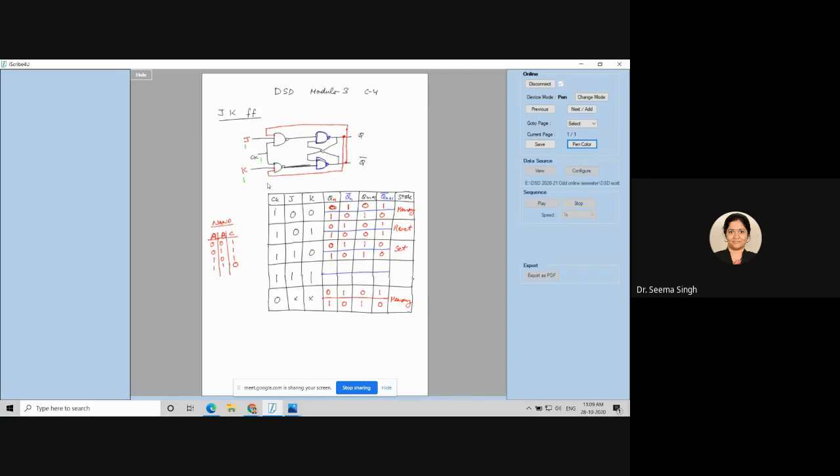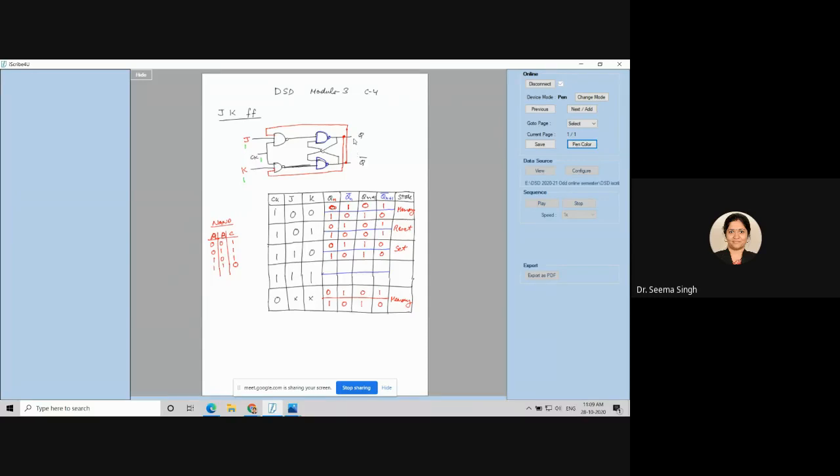Now when J and K both are 1 and clock is also 1, things will depend upon the feedback only. All this time J and K were your main controlling inputs. Now J and K are 1 and 1, so the controlling input becomes this feedback. Now you see what will happen.